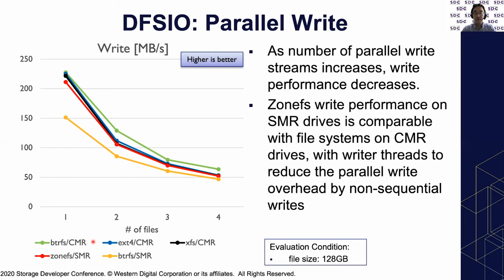Please note that this ZoneFS result reflects the writer threads. As I noted before, without the writer threads, ZoneFS has overhead by non-sequential writes across the zones. With these writer threads, ZoneFS on SMR throughput is comparable to other file systems on CMR.